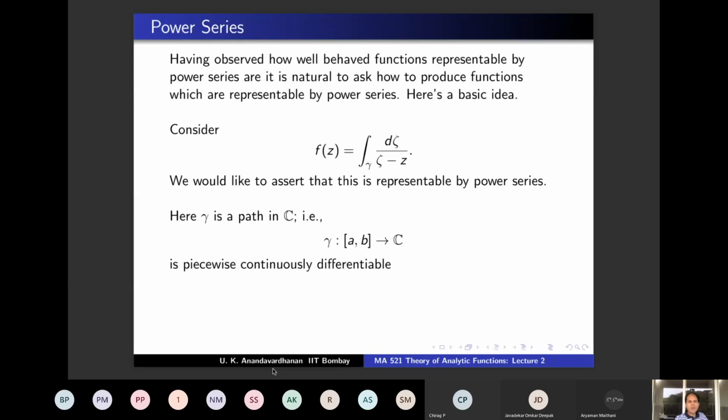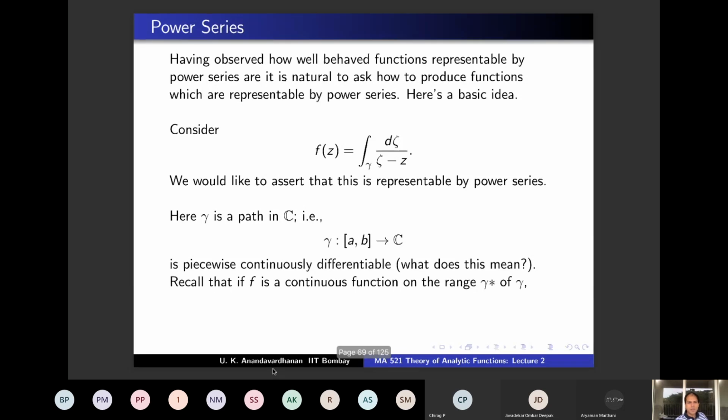And a curve is called a path if the function gamma is piecewise continuously differentiable. And what does that mean? You can partition your interval into finitely many subintervals, and in each subinterval, the function is differentiable and the derivative is continuous. So continuously differentiable piecewise.